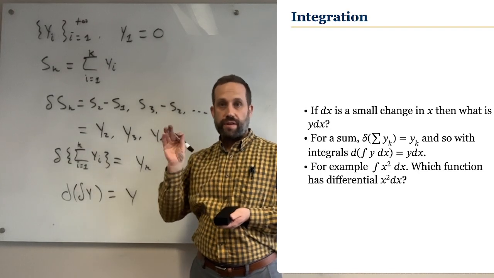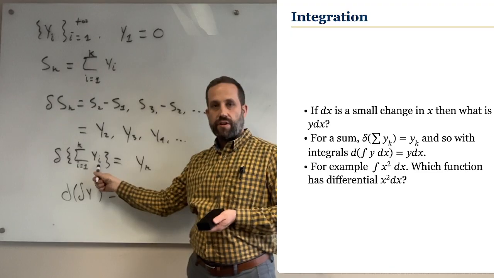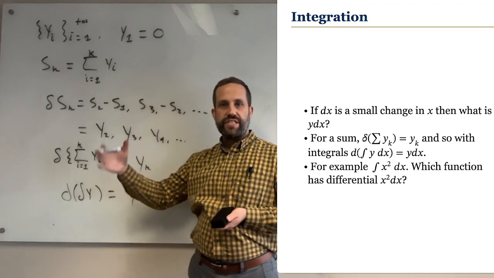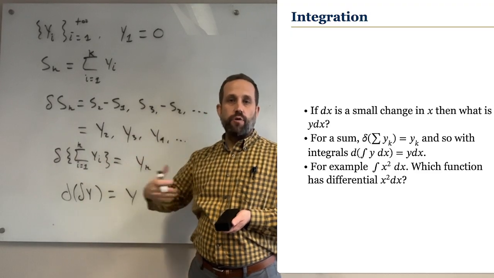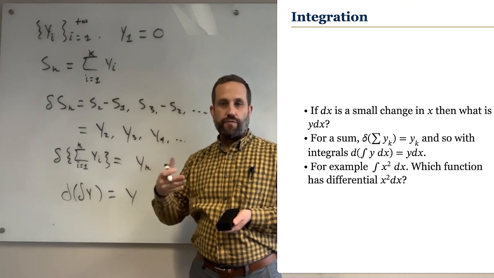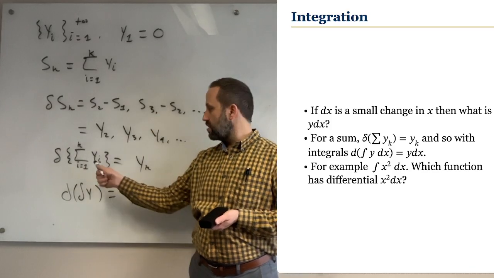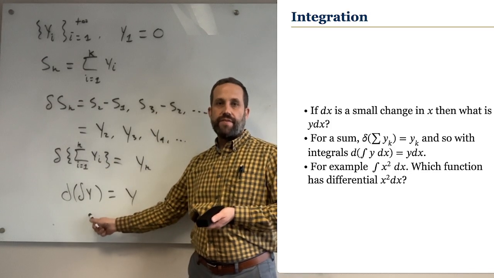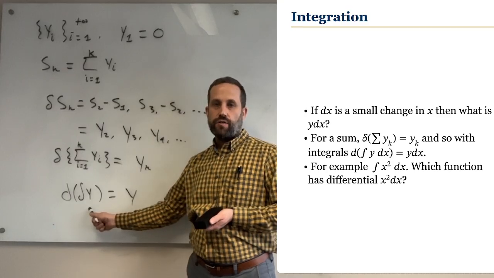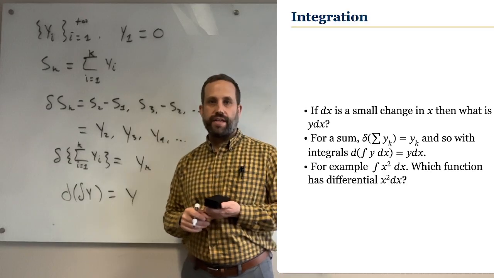So we're not actually adding up areas of rectangles. We're just adding up the heights of rectangles. This is an infinite sum of heights of rectangles, which is in general not going to converge.